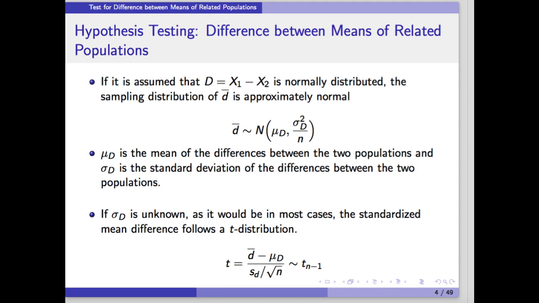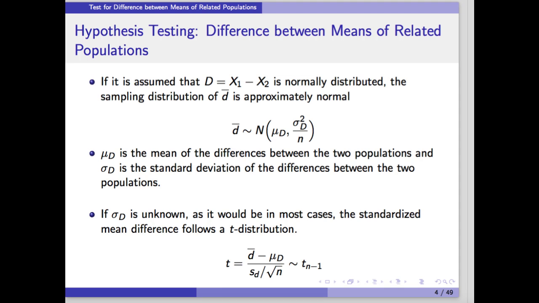So first of all, let's have a look at hypothesis testing for the difference between means of related populations. Now, if we assume that this difference, x1 minus x2, is normally distributed, then the sampling distribution of the sample difference, d bar, is approximately normal. We already came across that when dealing with confidence interval estimators for the difference between means of related populations.